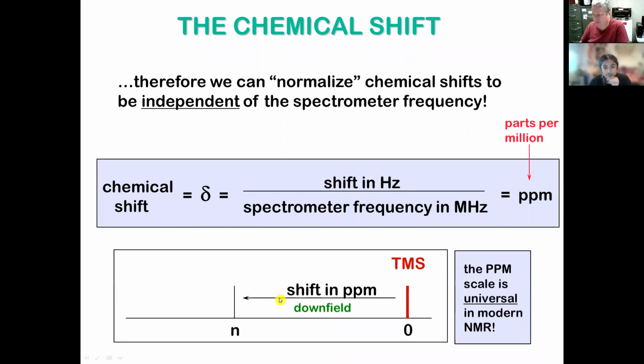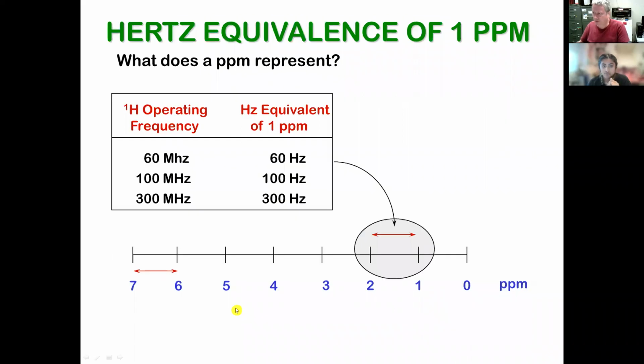And so now we have this universal scale, and that's great because if I say my peak's at 3 ppm, it'll be at 3 ppm on any NMR machine in the entire world. Also, the meaning of a ppm, like if I say 1 to 2 ppm, depending on the spectrometer frequency of the machine, actually has a different meaning of hertz.